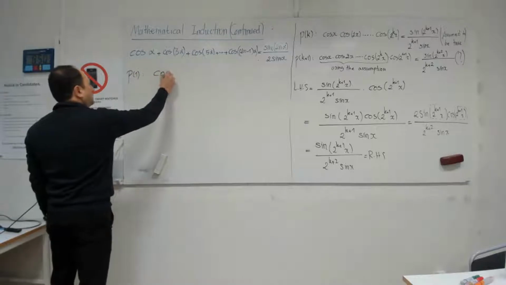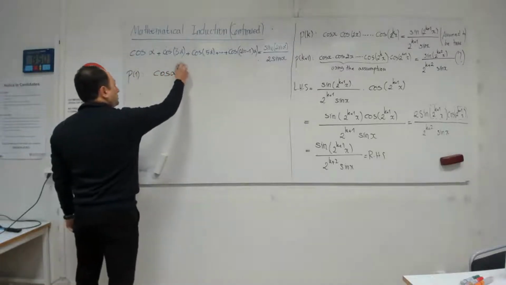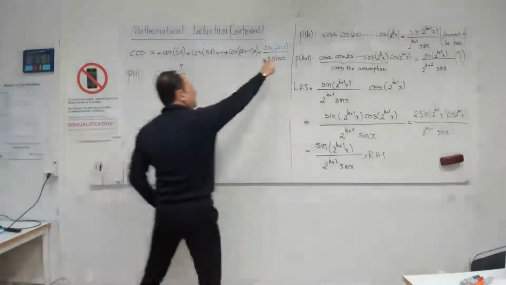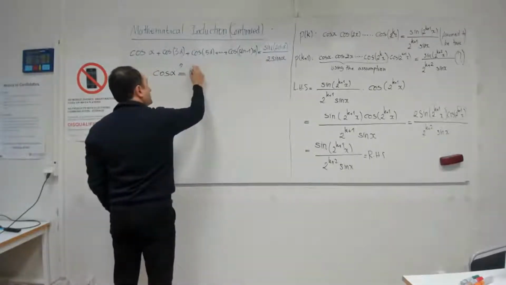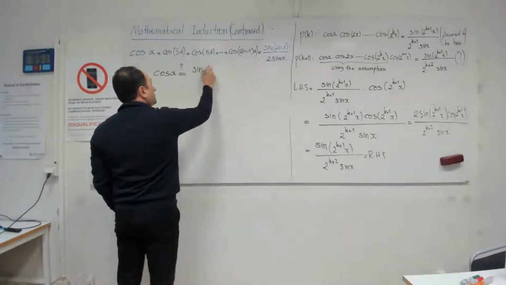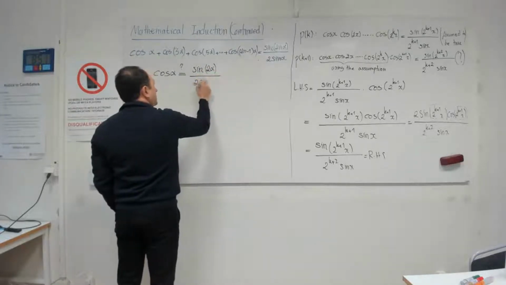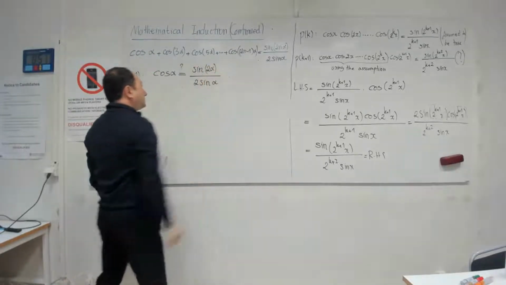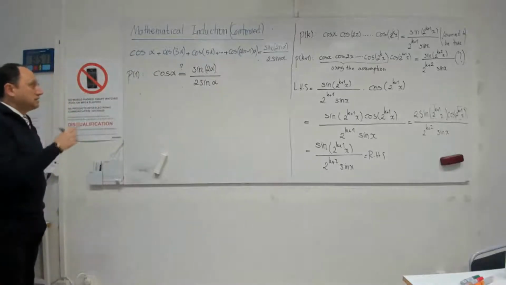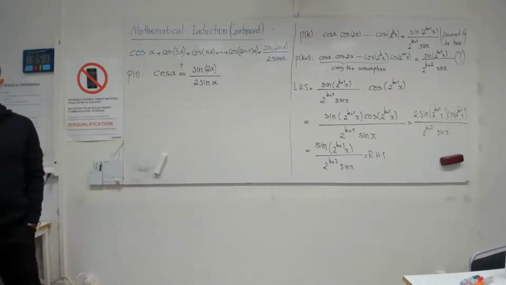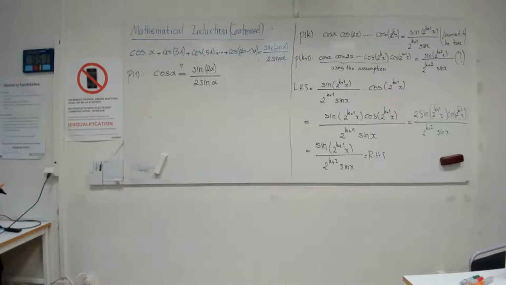Is cosine alpha equal to, I put n equal to 1 here, it becomes sine 2 alpha divided by 2 sine alpha. So this is what I need to check for checking the truth of P1.